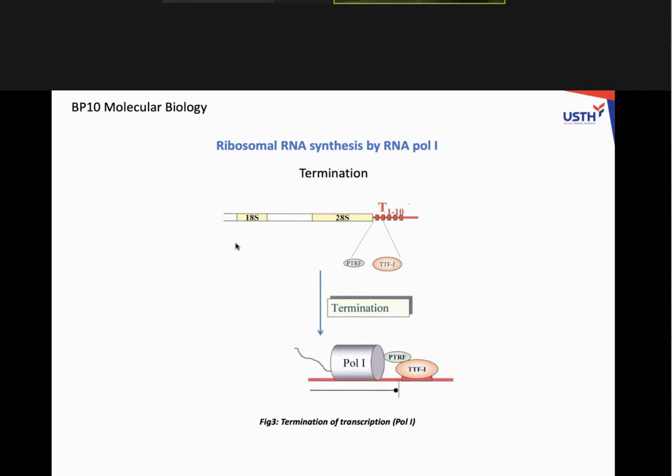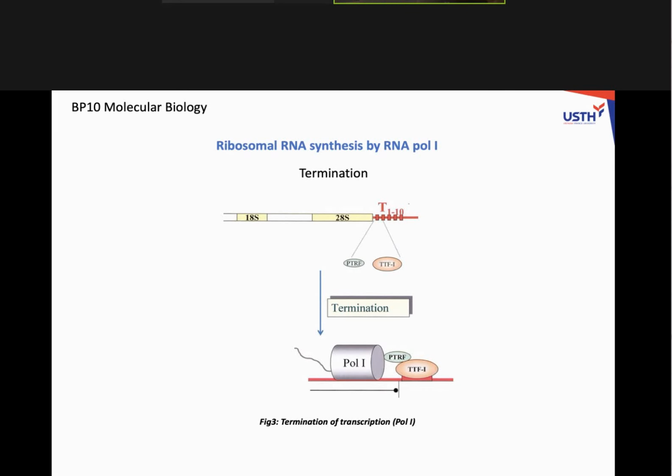So here in this drawing, you've got the end of the DNA that is going to be transcribed by pol 1. The promoter is on the left, 18S, 28S in the middle. And if you go on after the end of what is going to be the 28S, there is a sequence in the genes, okay?